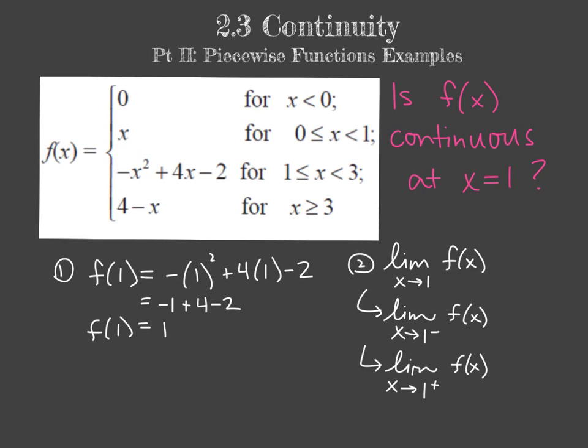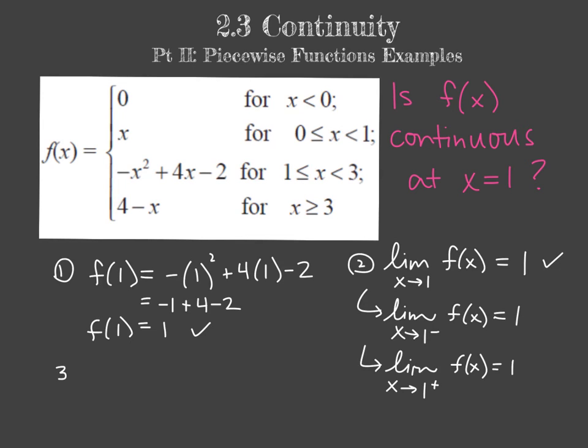So our limit from the left is 1. And then as we approach x equals 1 from the right, we plug it in here, which we already did, and we know that that output is 1. So our one-sided limits both exist and are the same value. Therefore, our overall limit is 1. So our function's defined at 1. Our limit exists at 1.